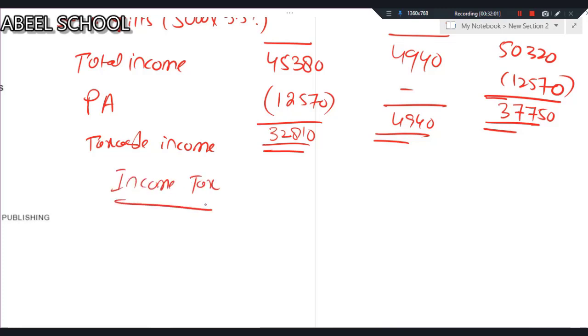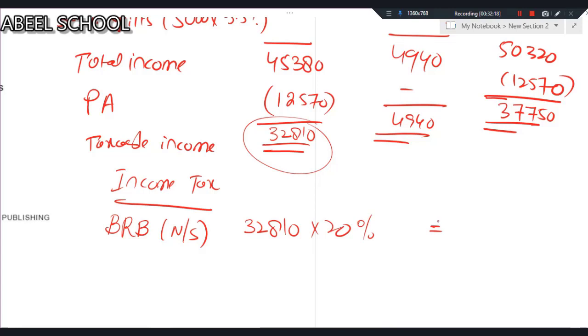We are calculating income tax. Of course, the entire non-saving income of 32,810 falls in basic rate band. Basic rate band non-saving: 32,810 into 20%, it is coming 6,562.